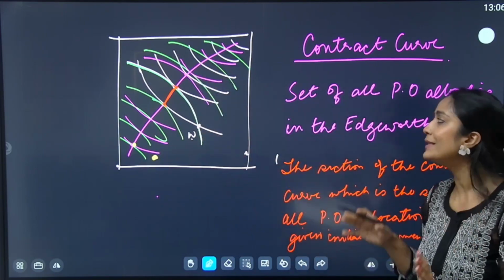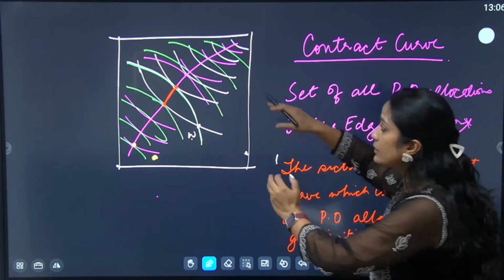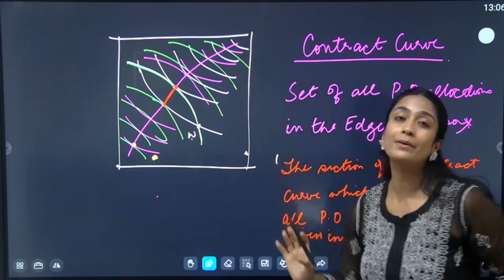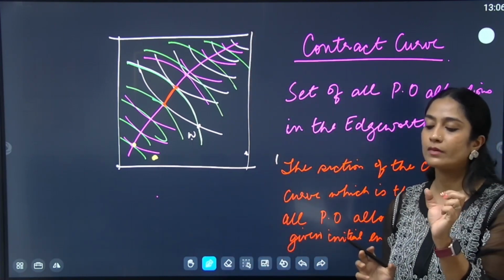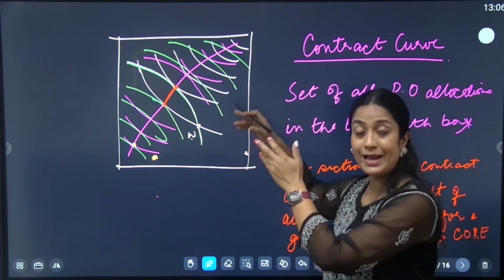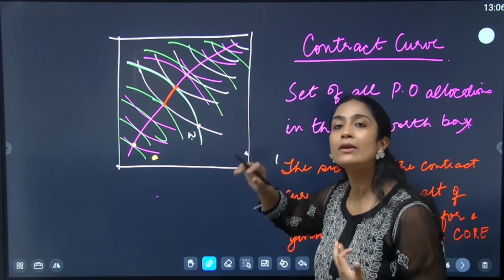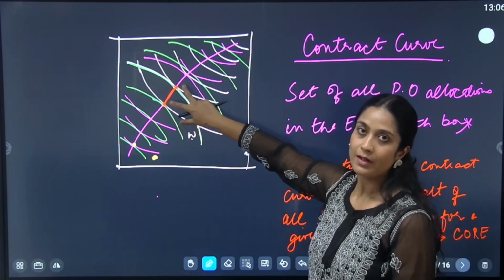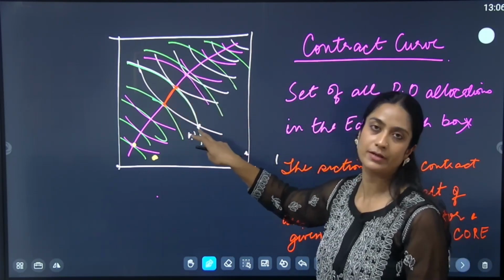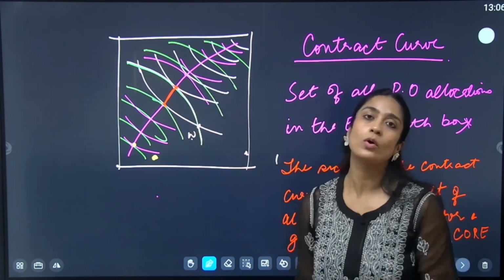But within this set of allocations that are Pareto optimal, the actual final allocation will only be restricted to this section. And this is dependent on the initial endowment. And this essentially is called the core.